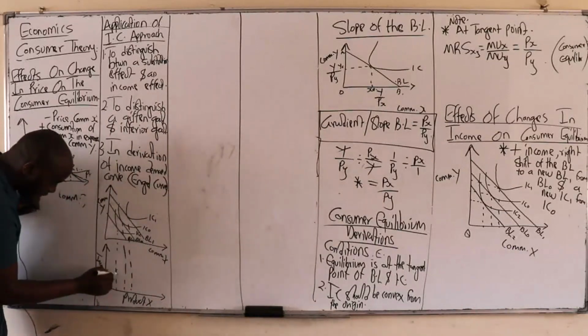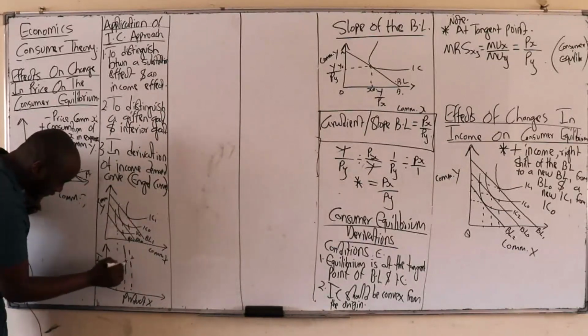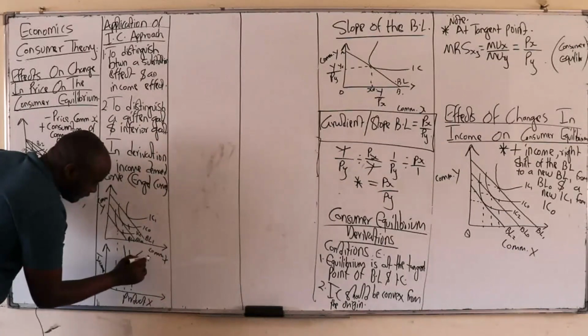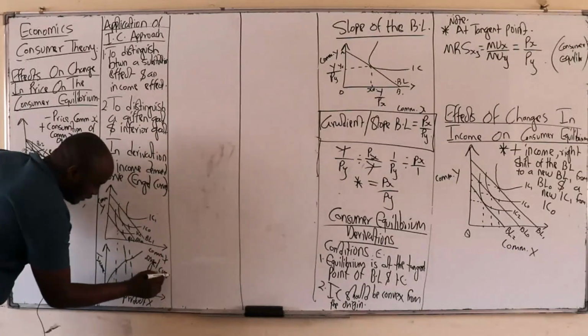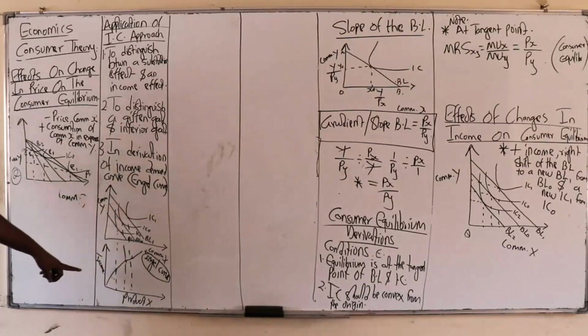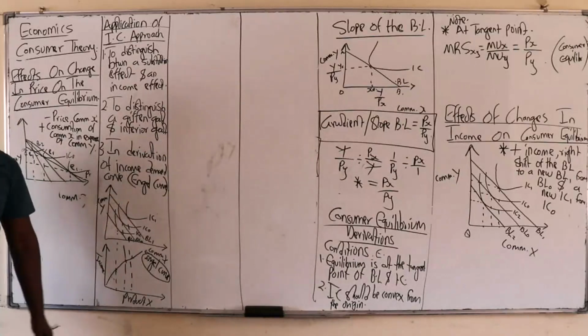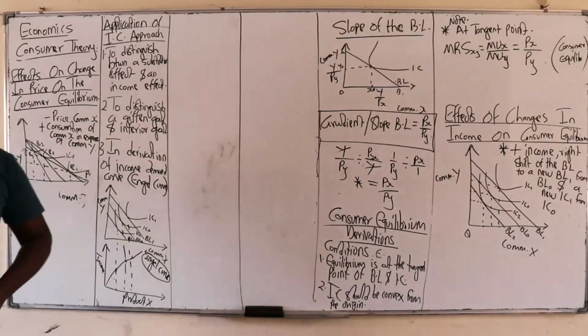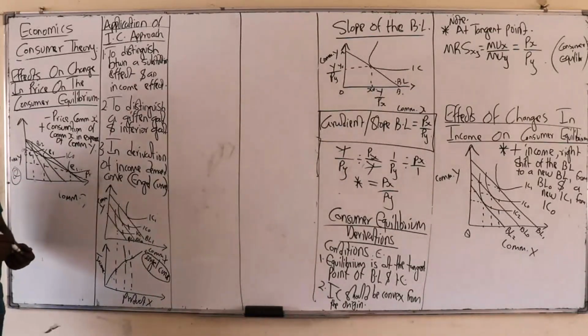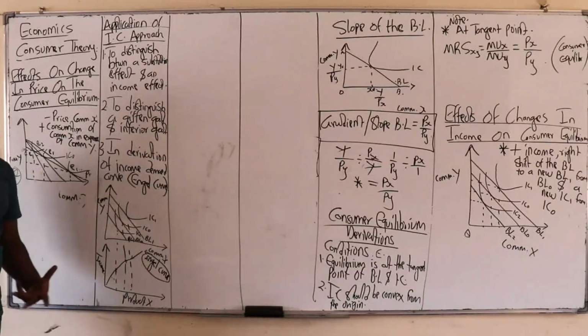These are Engel curves in respect to income and the product X. In short, what you're trying to determine is the different levels of income that shall be able to purchase the product that we have.